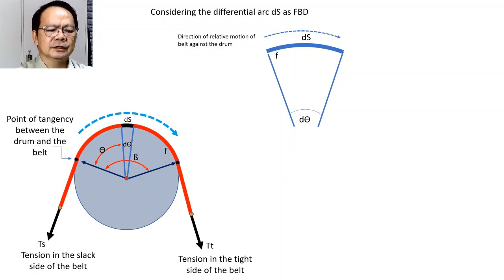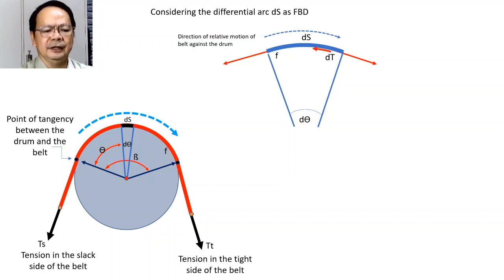Due to the roughness coefficient between the belt and the drum, there is a very small friction developed between them. And as such, the tension on this side of the belt shall be different from the tension on the other side, and their difference is also very small.